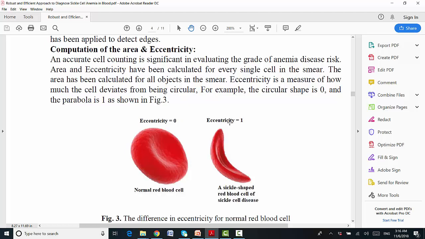If the eccentricity is close to 1, then it is in the sickle shape. So it measures how close the cell is to a circular shape.